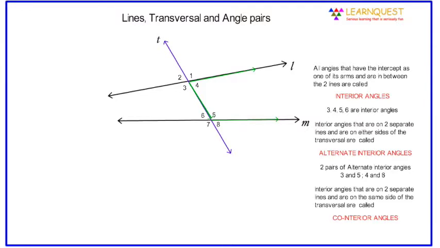Angle 4 and 5. They are again on the same side of the transversal but on separate lines. They are co-interior angles. So when a pair of lines is cut by a transversal, we get two pairs of co-interior angles. In our figure, they are angle 3 and 6 and angle 4 and 5.